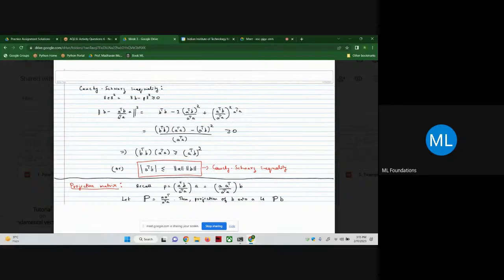The ultimate inequality is this: a transpose b will always be less than or equal to mod a mod b.